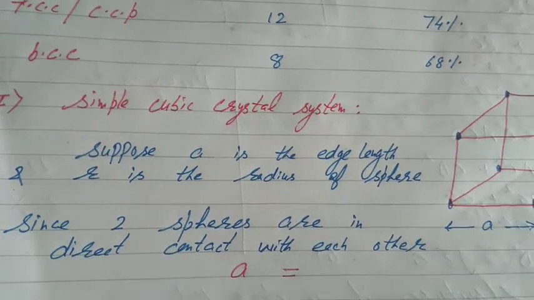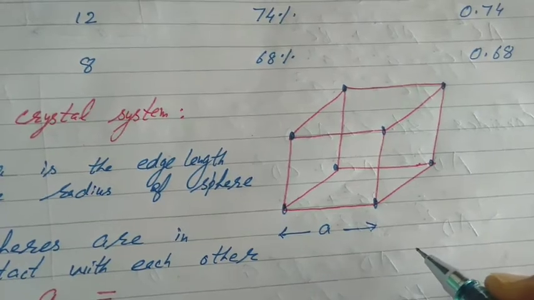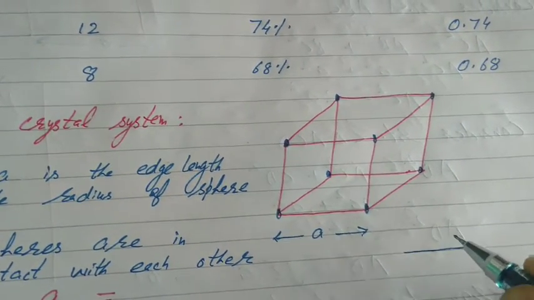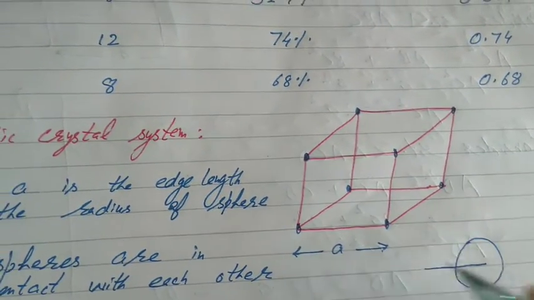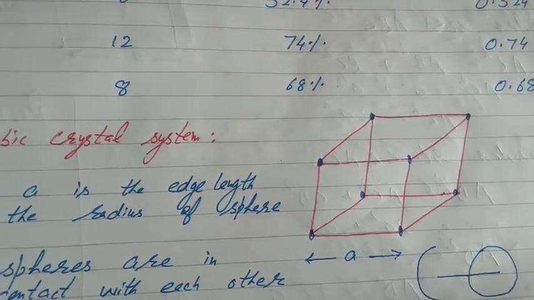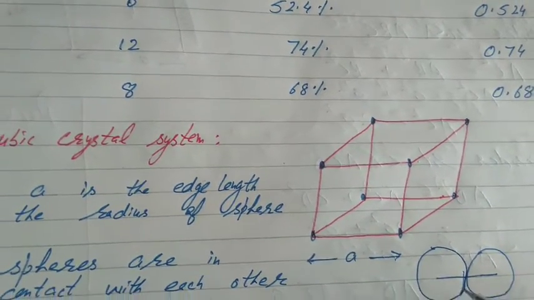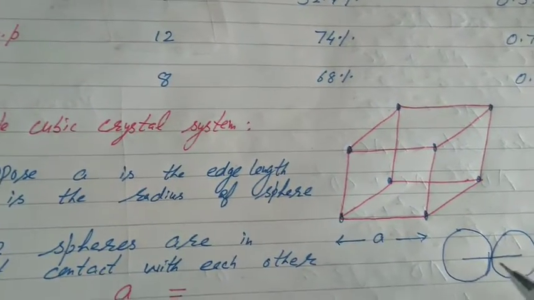Since two spheres are in direct contact with each other along the edge, that gives the edge length a. The terminal ends contain spheres, and these spheres are in contact with each other. What is the radius of a sphere? r. r plus r is equal to 2r.